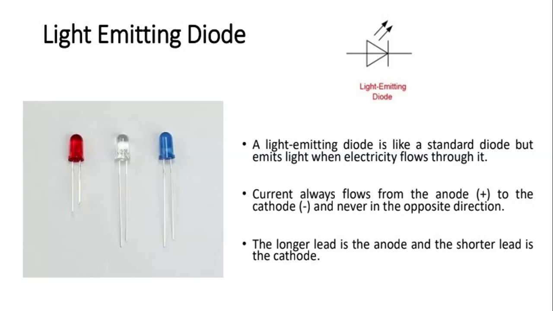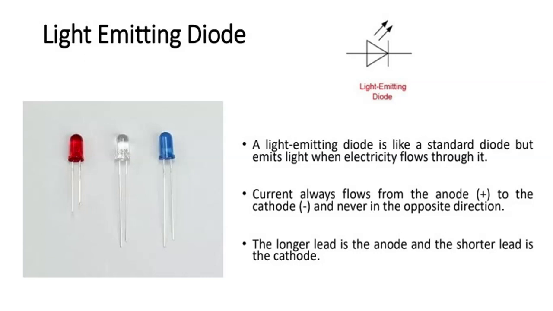We have to choose the proper resistor whenever we connect an LED with a 9-volt battery or any sort of supply. If we connect the LED directly to the 9-volt supply, it may be damaged. But if we connect it through the resistor, it can properly emit light. The longer LED leg is the anode and the shorter leg is the cathode.